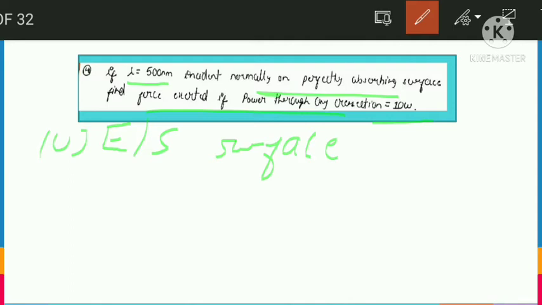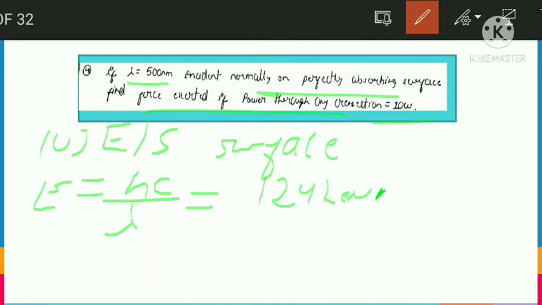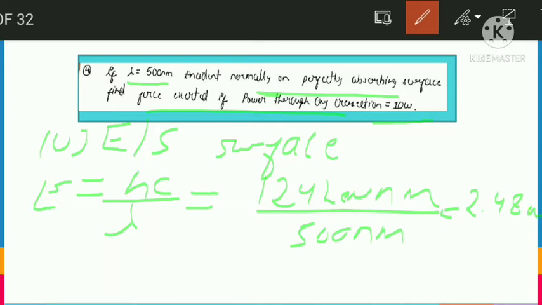This is clear. Now we can write the energy of each photon, which is hc by lambda. Now this is 1242 electron volt nanometer upon lambda 500 nanometer. This comes to be 2.48 electron volt. This is the energy of each photon, and for the number of photons incident per second, we can find n equals total energy upon energy of each photon.